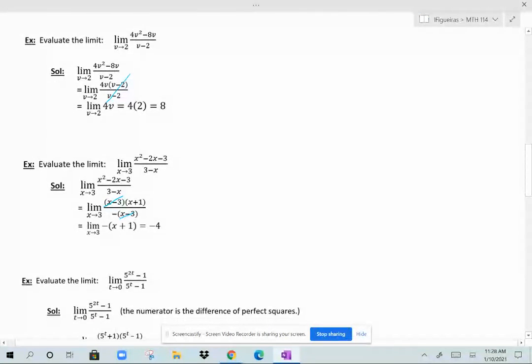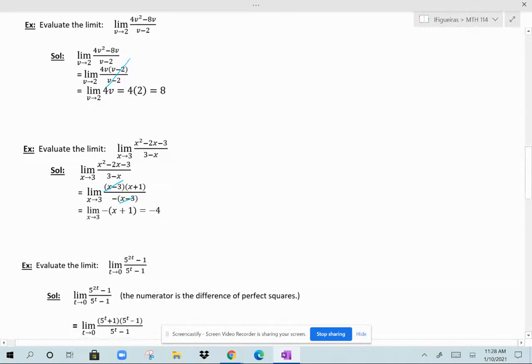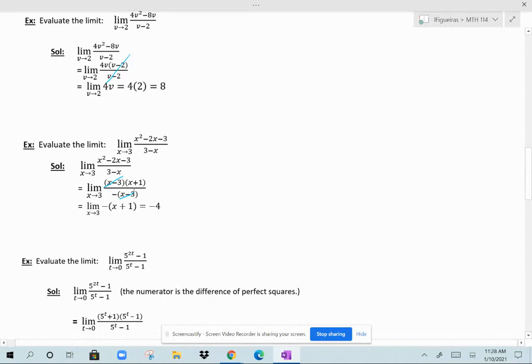This one is also a factoring problem, although it might look a little bit different than the ones we did before because I have an exponential expression where my base is a number, but the numerator is actually the difference of perfect squares. And that's because, remember, when you're multiplying exponential expressions, as long as the base is the same, you add your exponents.